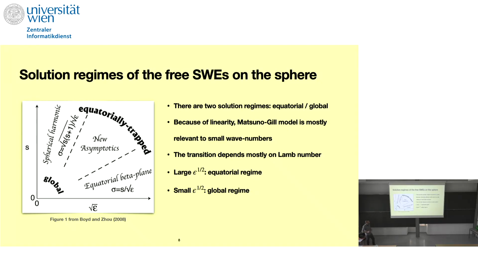And roughly speaking, as you can see from this figure from Boyd and Zhao, for a fixed zonal wave number, the global solution regime is realized at a small Lamb number, and the equatorial regime is realized at large Lamb number. So this is where we expect to find the beta plane approximation.